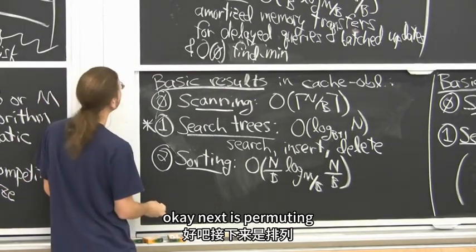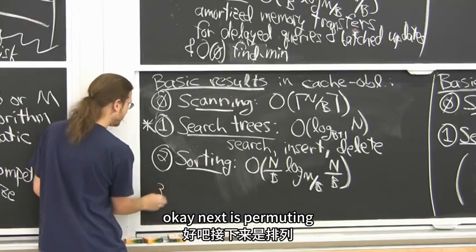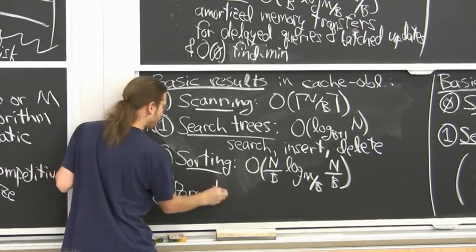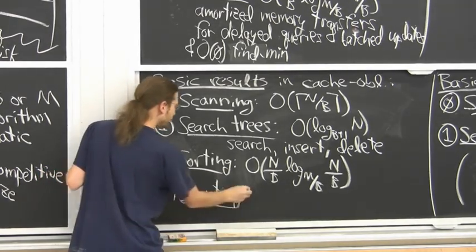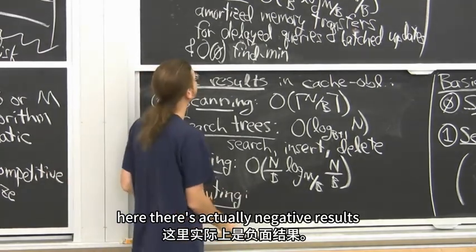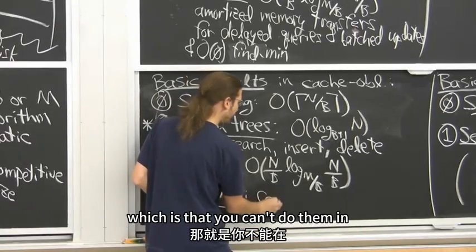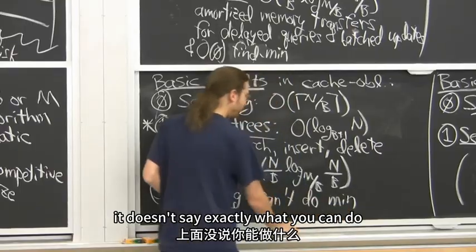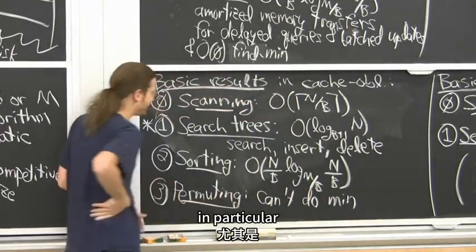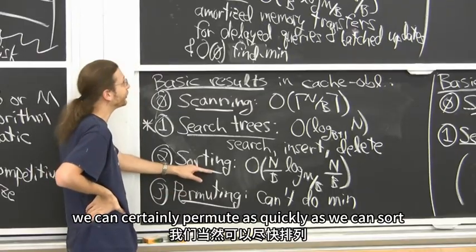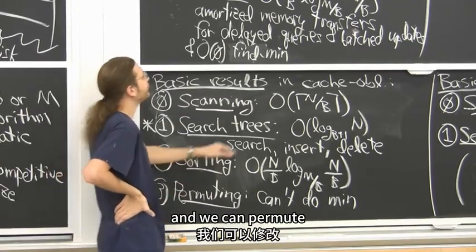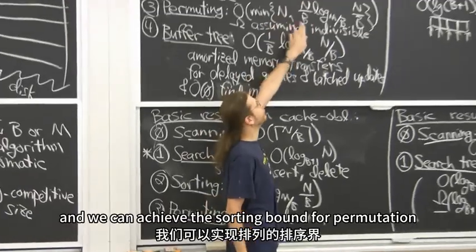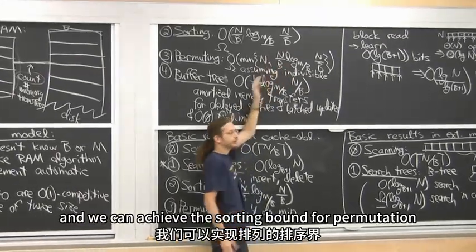Okay. Next is permuting. Here, there's actually a negative result, which is that you can't do the min. It doesn't say exactly what you can do. In particular, we can certainly permute as quickly as we can sort, and we can achieve n, and we can achieve the sorting bound for permutation in the cache oblivious model.